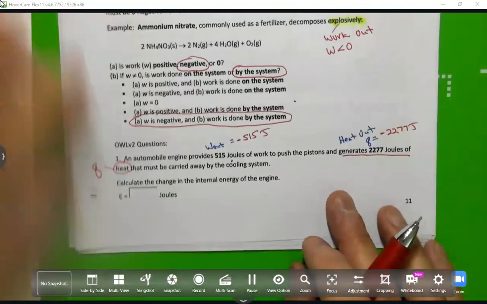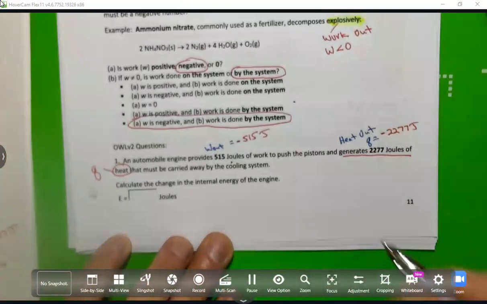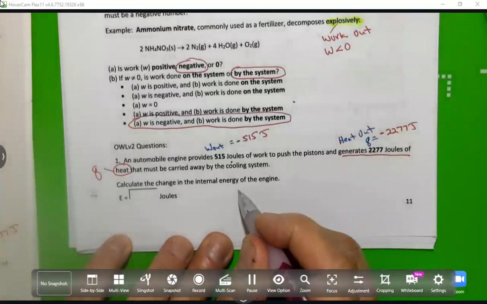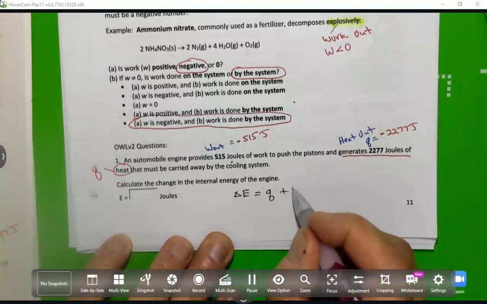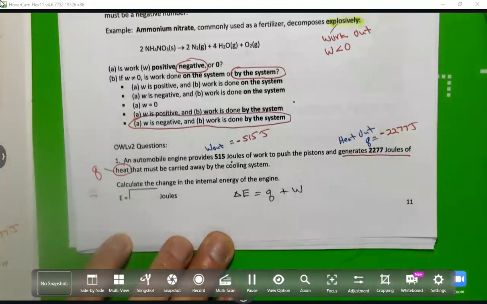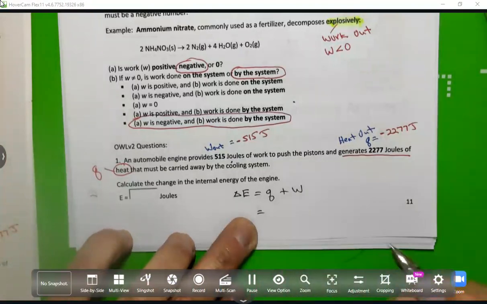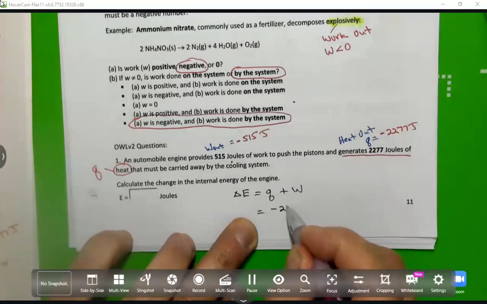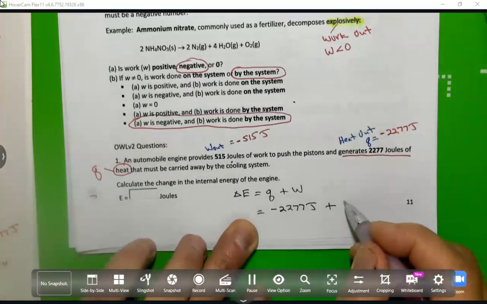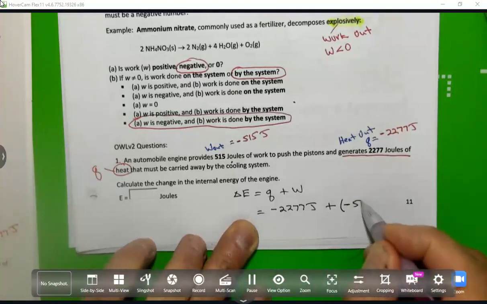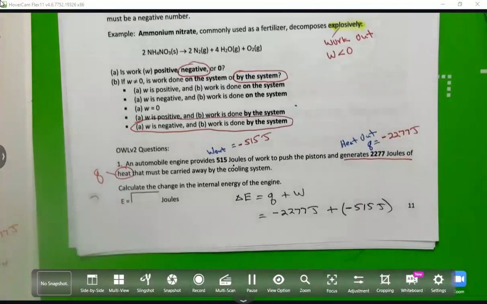And calculate the change in internal energy of this system. My change in energy is equal to my heat plus my work. And my heat is negative 277 joules, and my work is negative 515 joules.